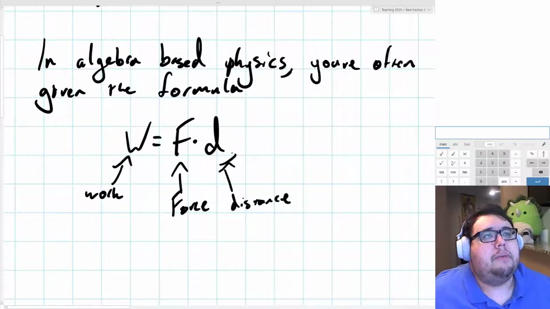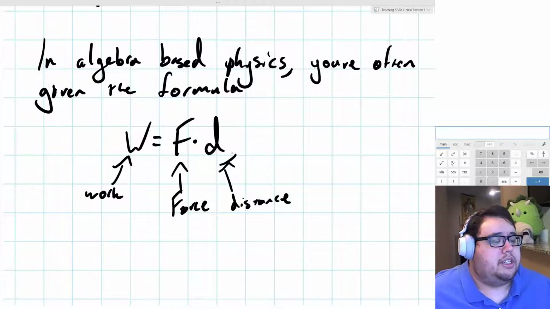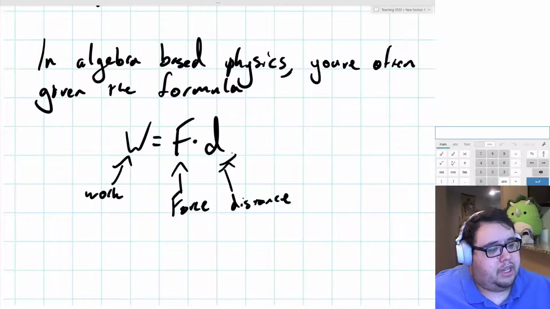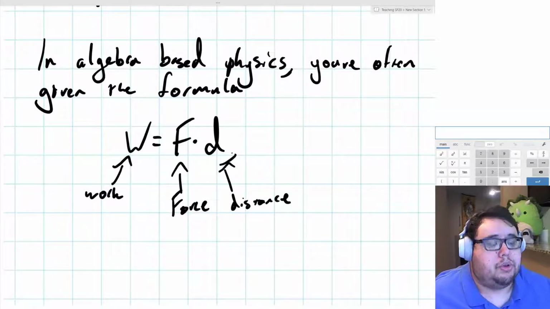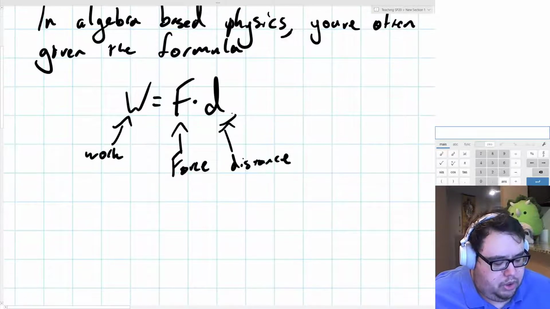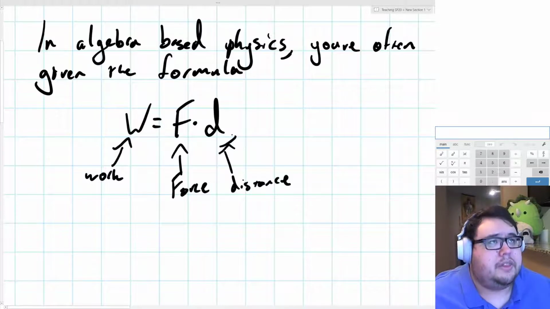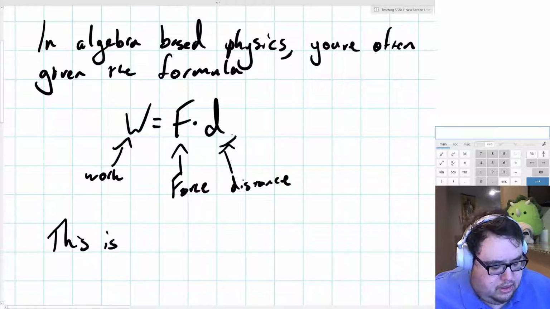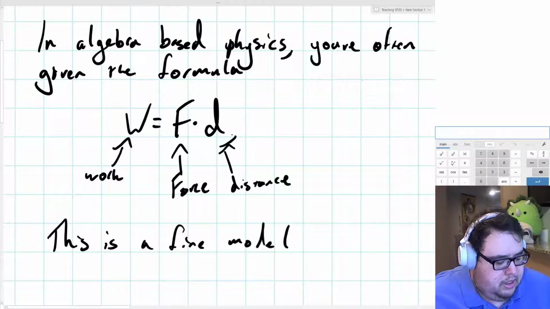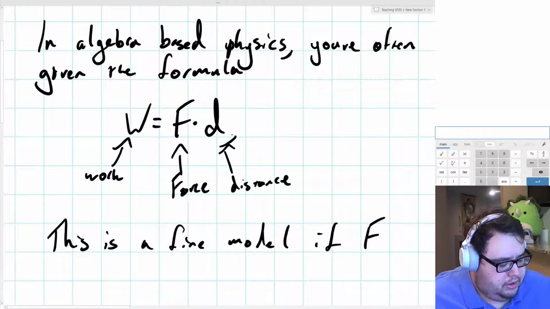Basically, the amount of work it takes to do a task is the amount of force that is applied to an object times the amount of distance that object is moved, right? So this works fine if the force is constant.